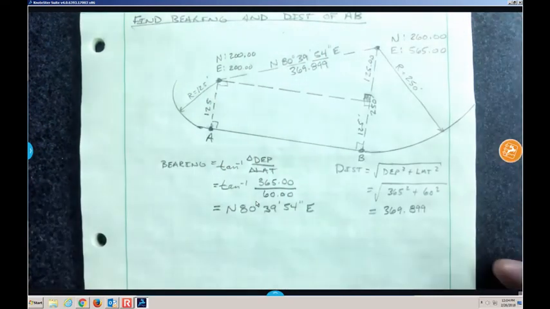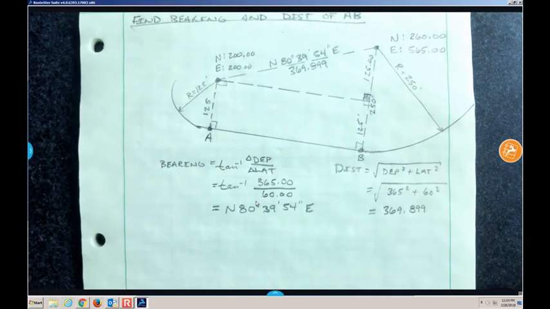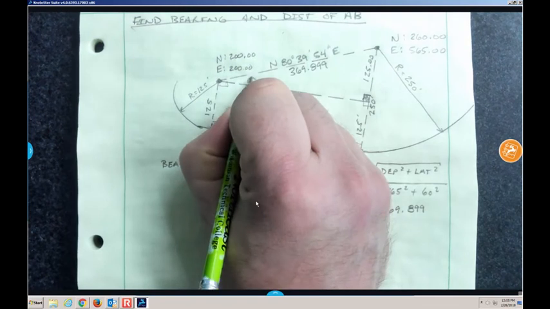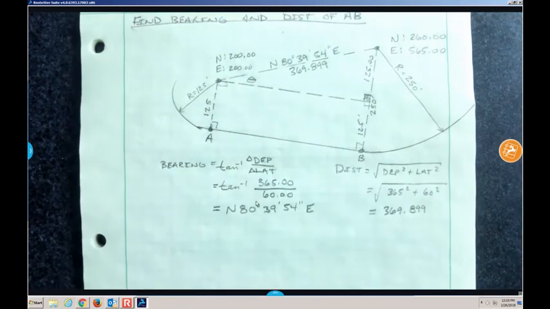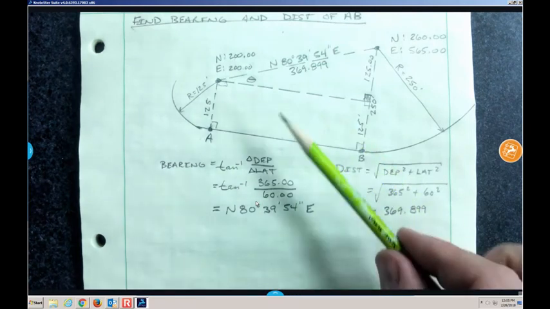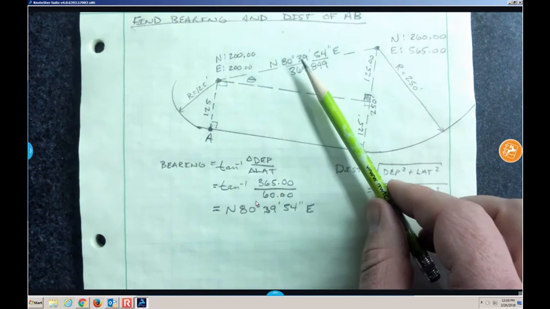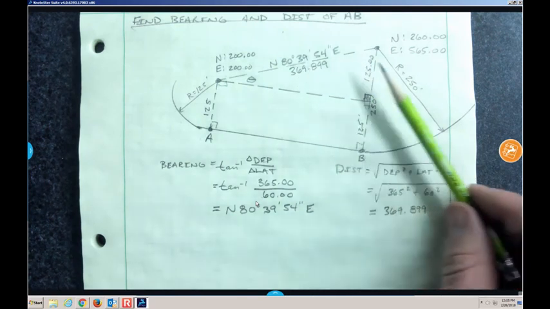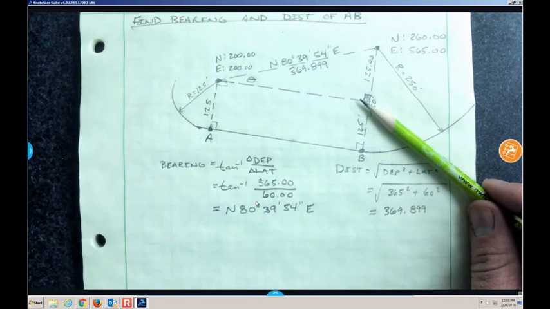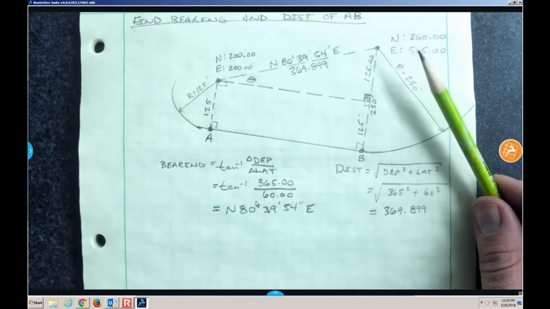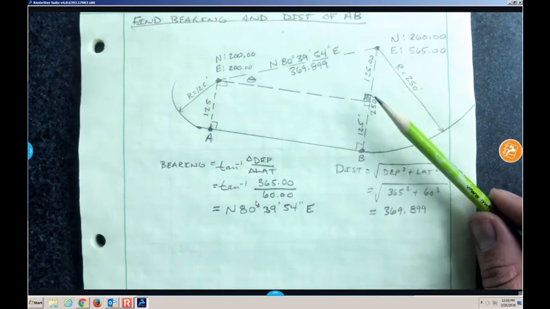So what should we look for next? An angle somewhere. Let's see if we can find this angle here, theta. So should we use the law of sines for that, you think? Because we have side angle side.